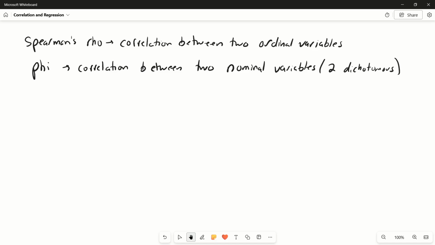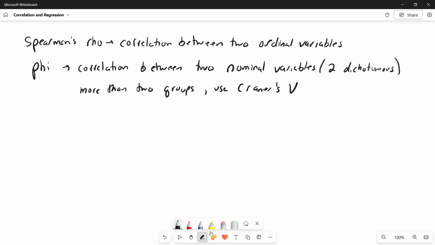If you had more than two categories, you'd end up having something called Cramer's V, which I don't think is technically a correlation. It's a relationship, but I guess you can call it a correlation. If you have more than two groups, it becomes Cramer's V, and we're not going to be looking at that. Cramer with an M here, I think I spelled it right.